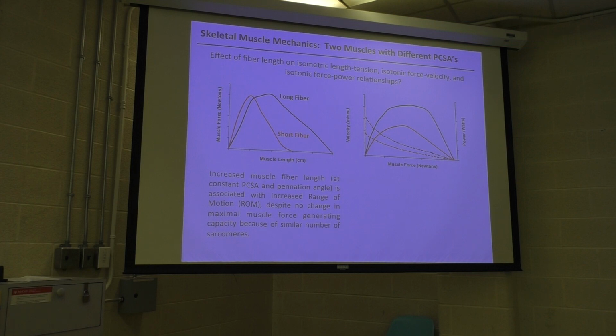They have the same maximal force output. But this is done over, so they reach their maxes at shorter or longer lengths, and that makes sense because they have a longer operational range. So longer fibers get to work over a longer distance. Okay?